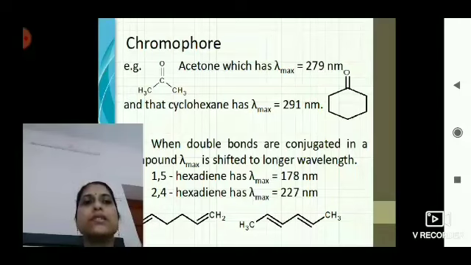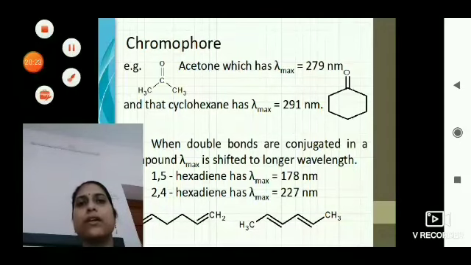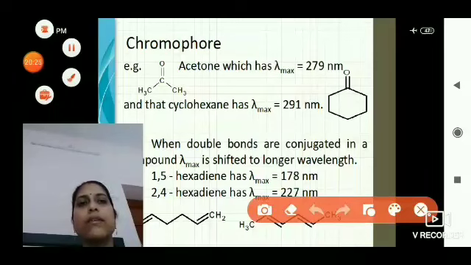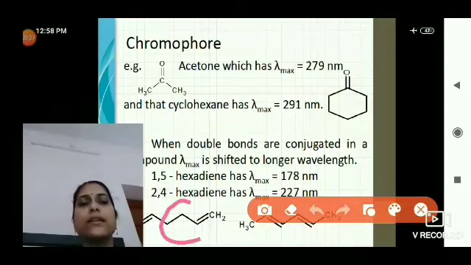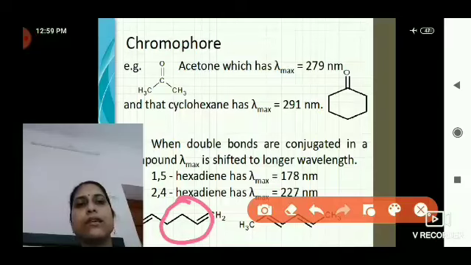You will see here in this example, 1,5-hexadiene has an absence of conjugation, while 2,4-hexadiene has conjugation.